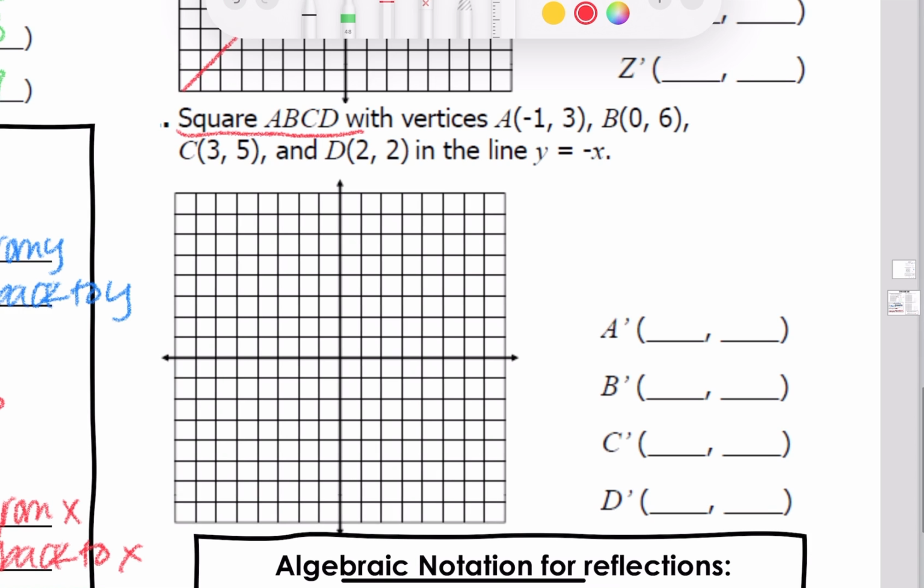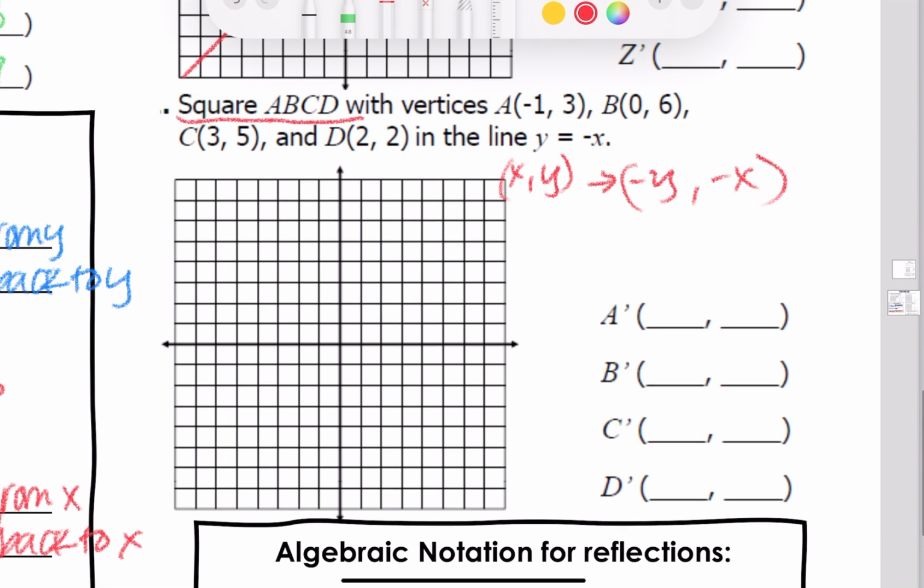All right, so it says it's going to go to (-y, -x). So that means I'm going to swap where my positions are. So it was (-1, 3). It's going to become (3, -1), (6, 0), (5, 3), (2, 2). Well, that's if it's y equals x. Now you've got to flip signs.